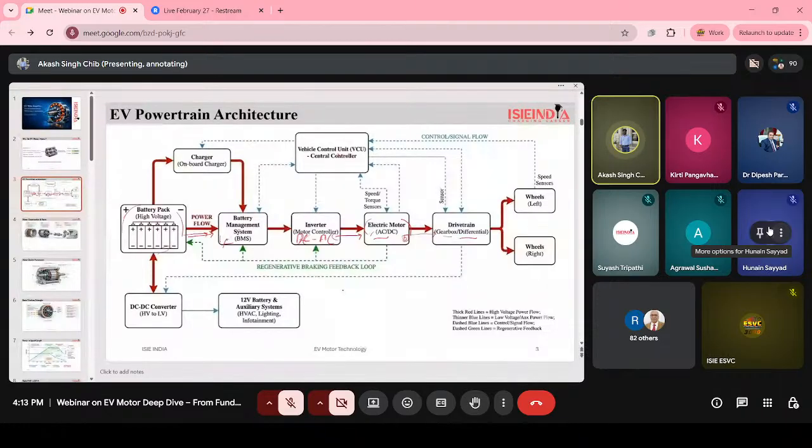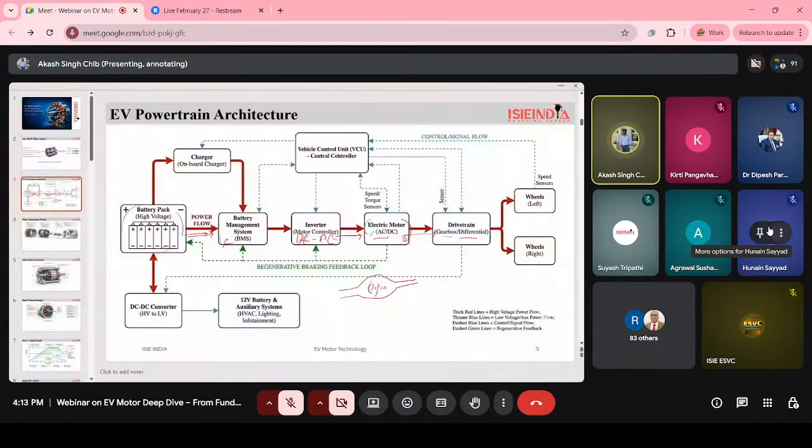Wait, I will draw for you. Like you have seen in the trucks from the back, this type of section, you can see from the back. We call it the differential.